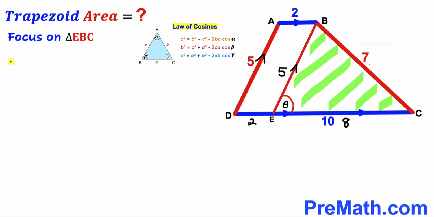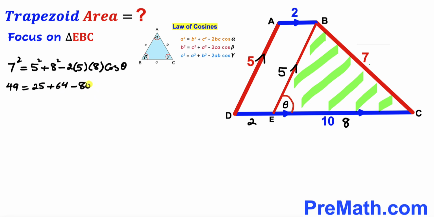So we get 7 squared equals the two other side lengths, 5 squared plus 8 squared, minus 2 times 5 times 8 times cosine of angle theta. Let's simplify. We get 49 equals 25 plus 64 minus 80 times cosine of theta, so 49 equals 89 minus 80 times cosine of theta.